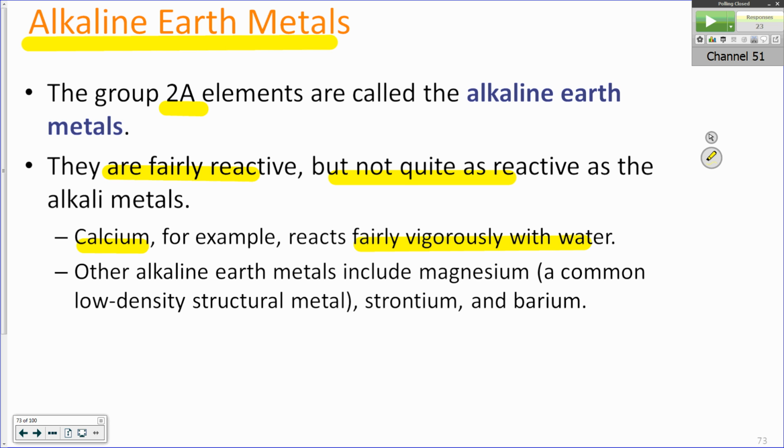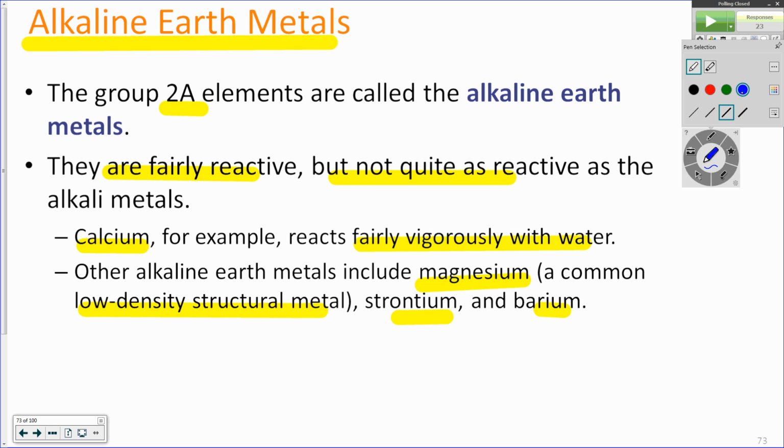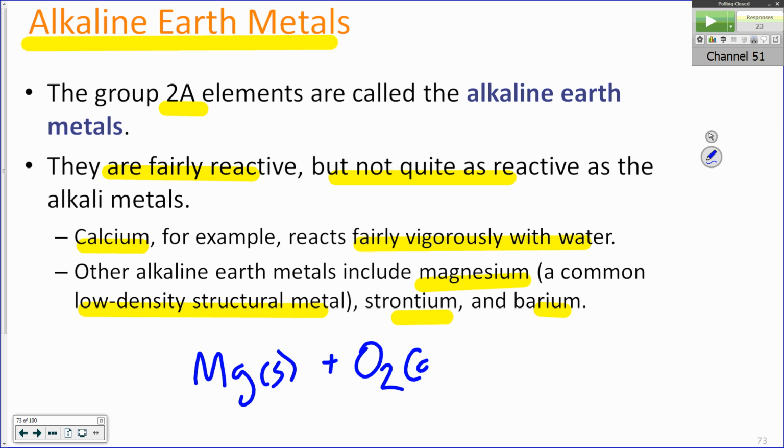Things like magnesium, which is a common low-density structural metal that we use, strontium, barium, those are common ones that we have. One of the problems that we have with magnesium, we'll see in the lab: solid magnesium will react with oxygen in the air to produce magnesium oxide.